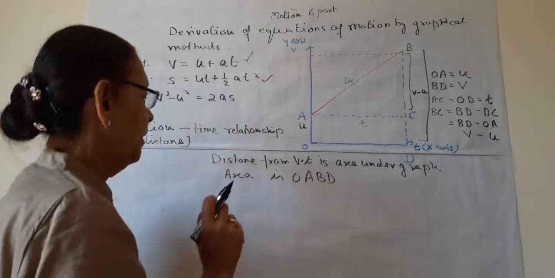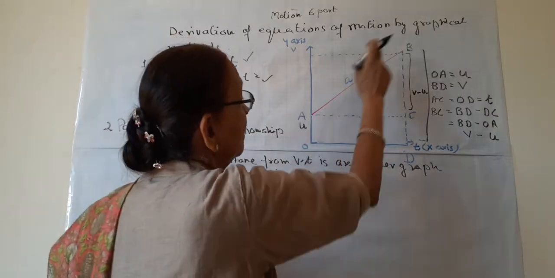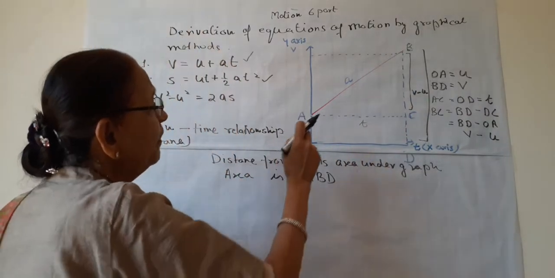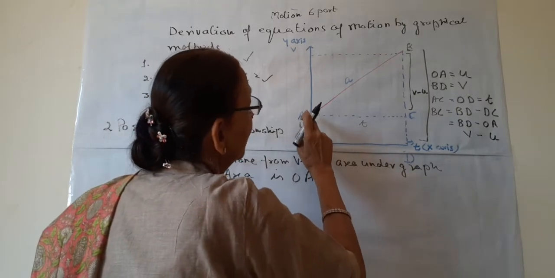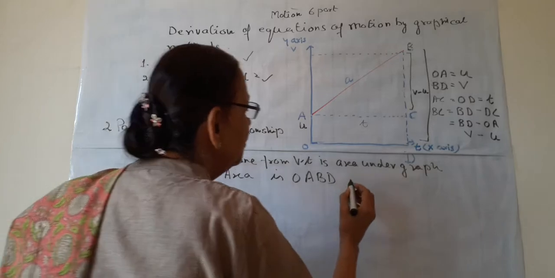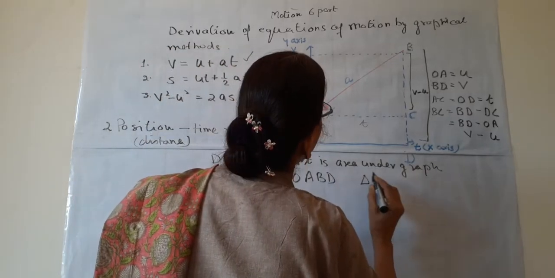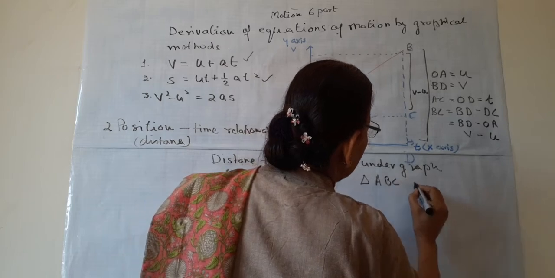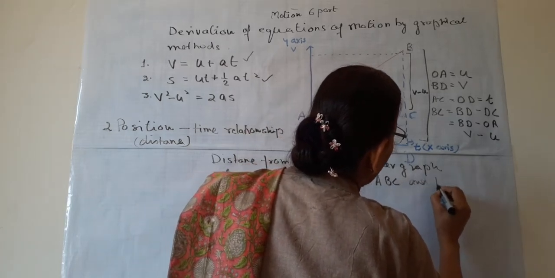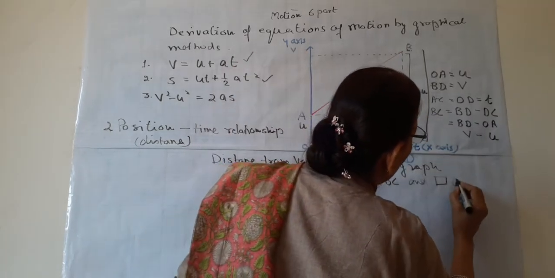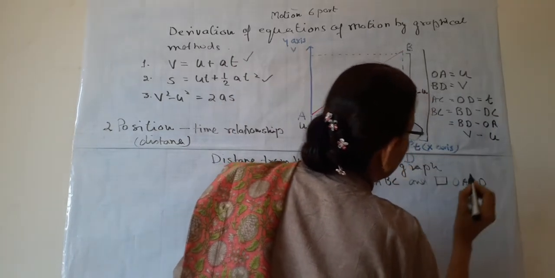So if we know the area of OABD, then we can know the distance traveled by the body. How? We can know this area in a simplified manner. This trapezium can be divided into two: triangle ABC and rectangle OACD.